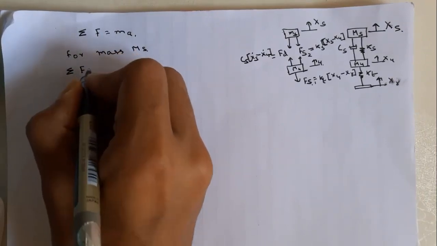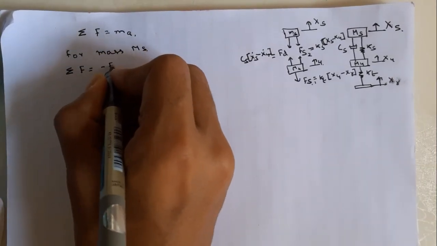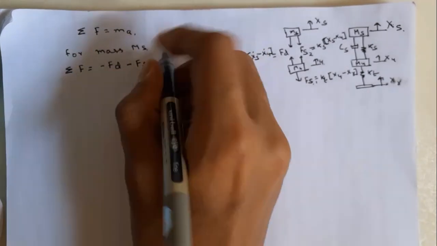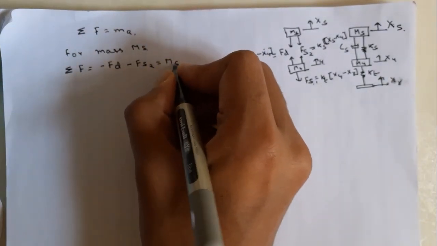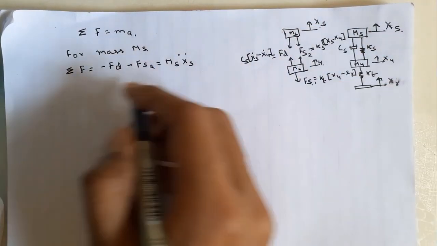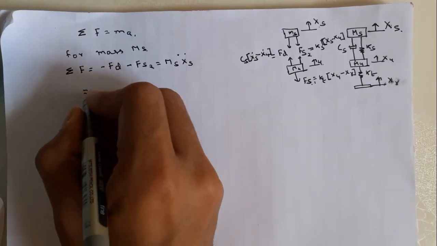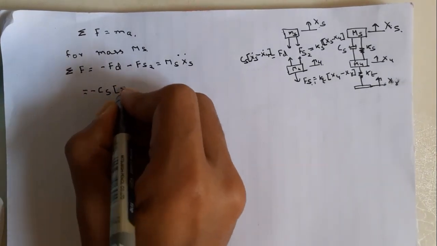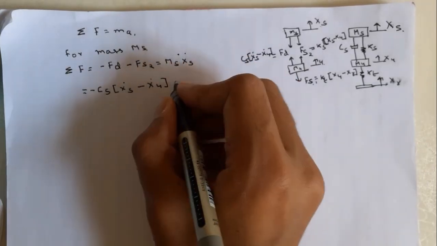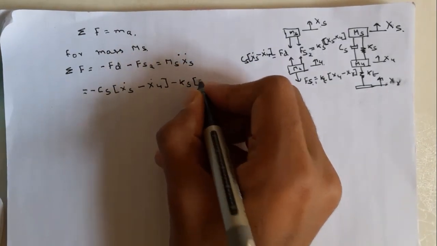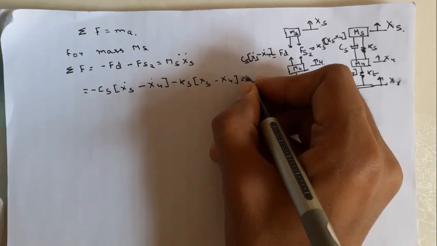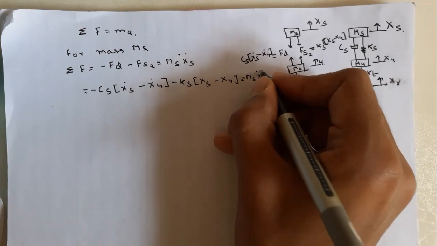Now sigma F equals minus Fd minus Fs2 equals ms xs double dot. As these forces are in the opposite direction, we put it like this, and we just write whatever it is: minus cs into xs dot minus xu dot, minus ks into xs minus xu, equals ms xs double dot.